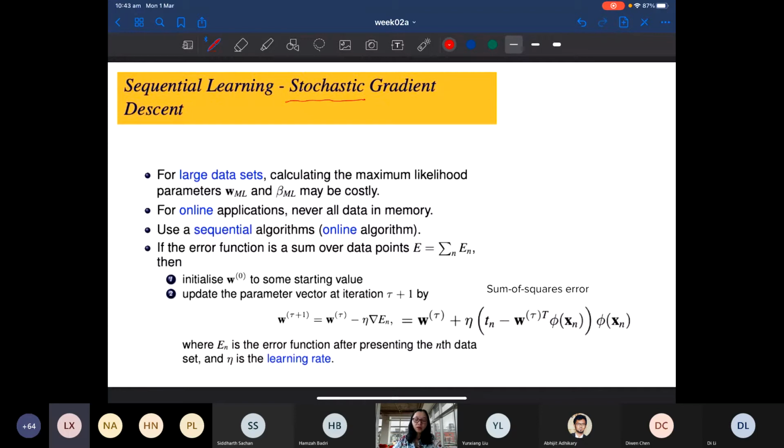How this works is we start from some w, and then after seeing each data point or each mini batch of data points, we update w by moving in a direction that makes the sum of squares error smaller. Basically, we multiply the feature vector of the input with the error of that particular input.